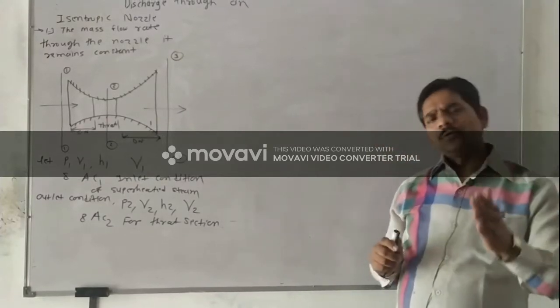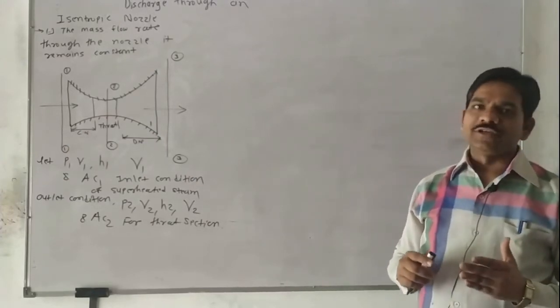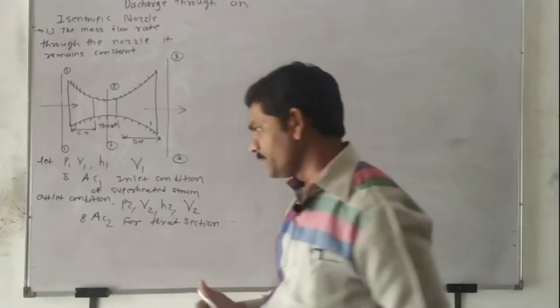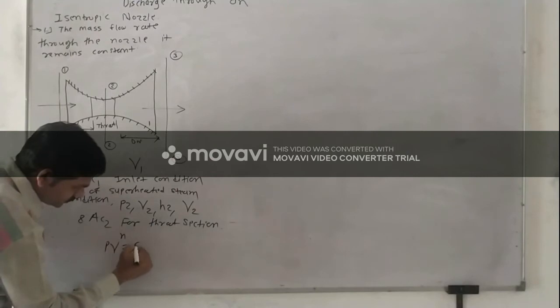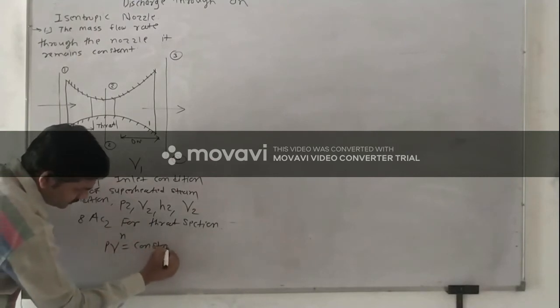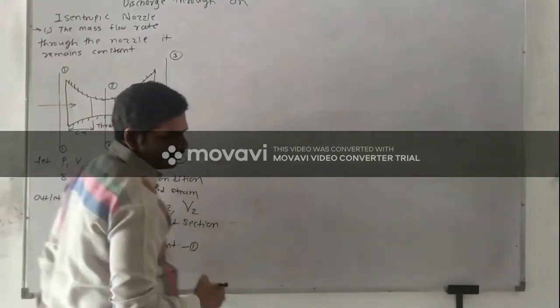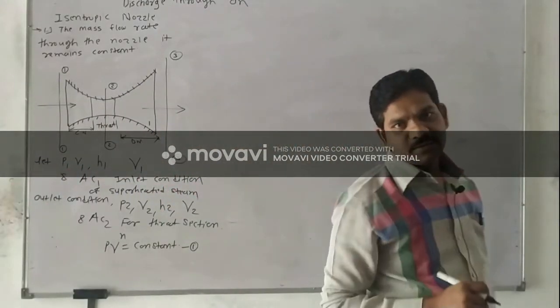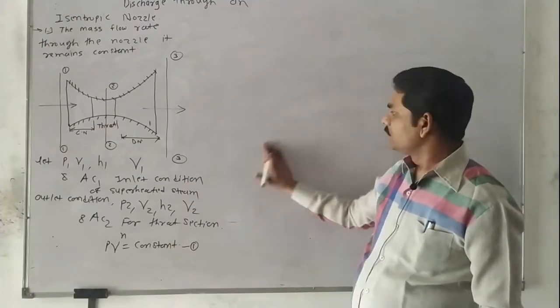And we know that very well, in third semester we learned the isentropic process. So what is this process? The isentropic process is PV to the power n is equal to constant. Yes or no? Yes. Suppose equation number 1. So this is the isentropic process, PV to the power n is equal to constant.